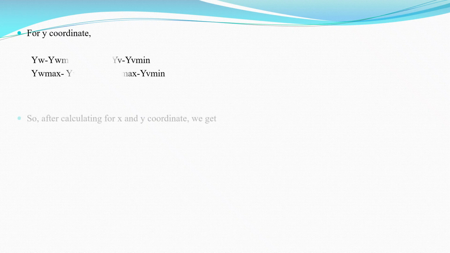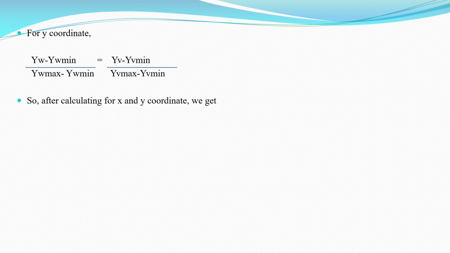As we calculated the x coordinate, now we have to calculate the y coordinates. For the window, it is yw minus yw min divided by yw max minus yw min, and for the viewport, yv minus yv min divided by yv max minus yv min.